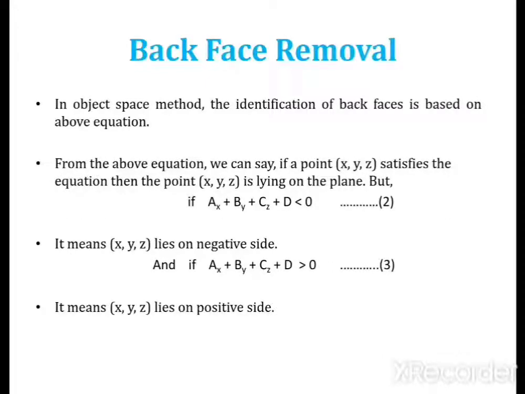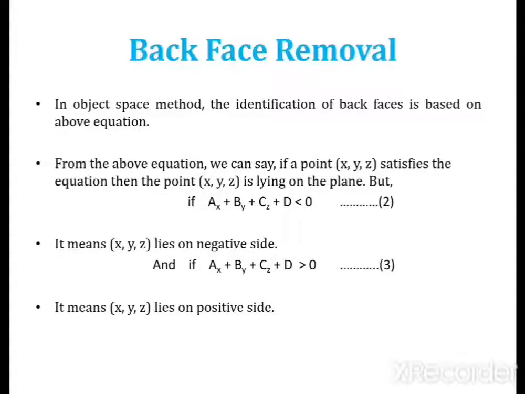Now in the object space method, the identification of the back faces is based on this equation. Whatever equation we marked as 1, we are going to find the back faces depending upon that equation of a plane.